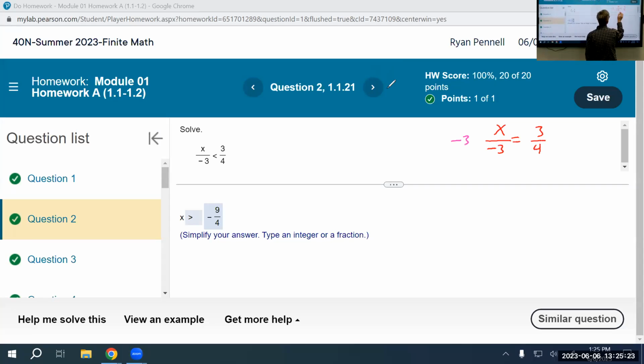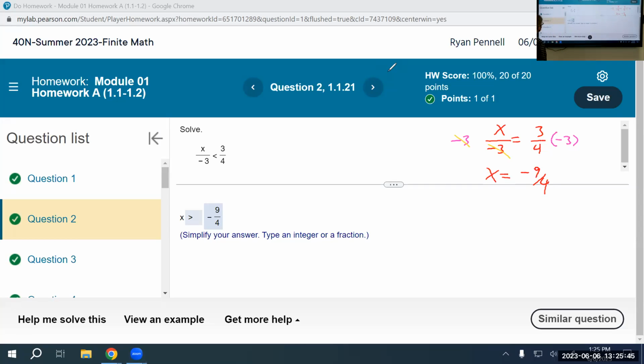So negative 3 times negative 3, and that would do it. I would cross off here, that negative 3 would cancel, and then this would become 9. So x equals negative 9/4.